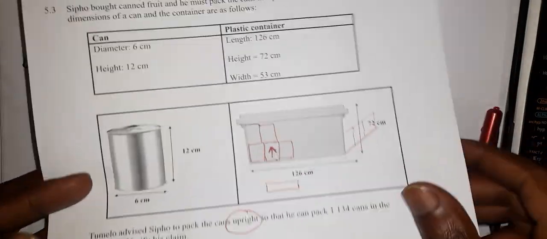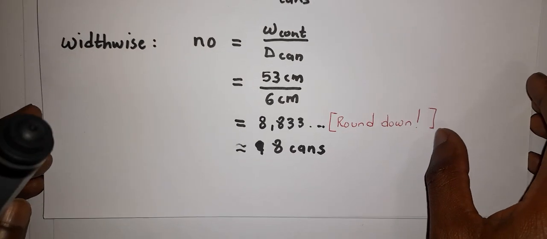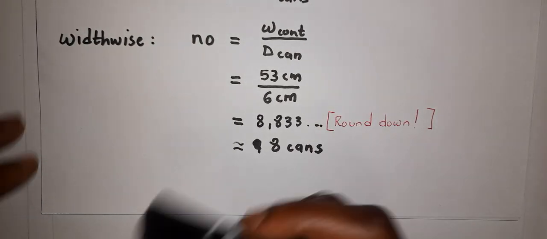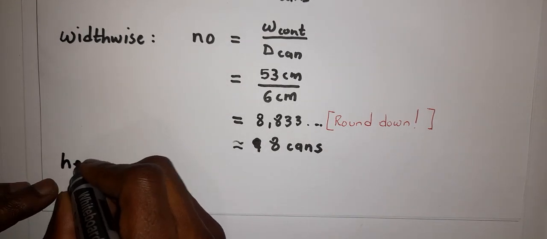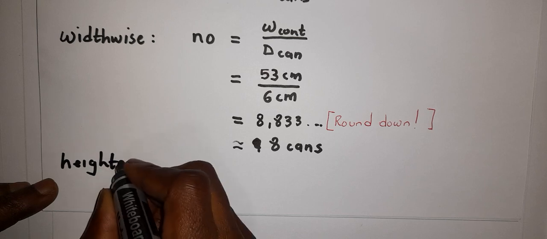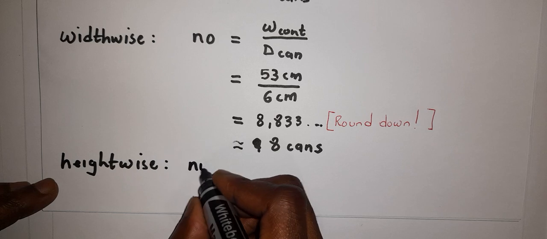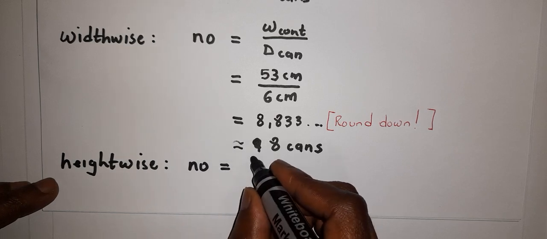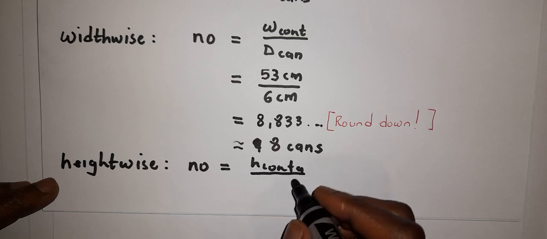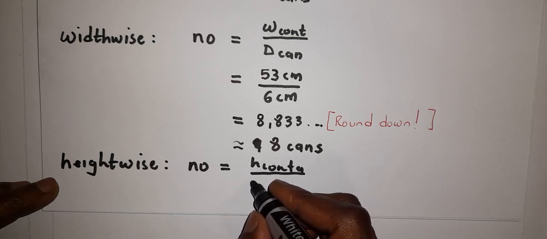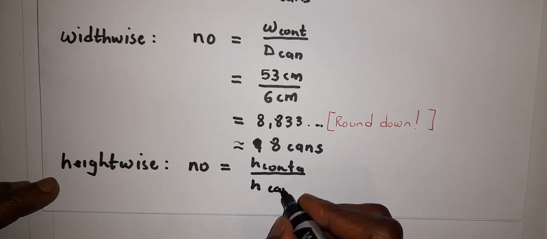Lastly, we've considered the length of the container and the width of the container. Let's consider the last dimension, which is the height of the container. So height-wise, the number is going to be the height of the container divided by the height of the can.